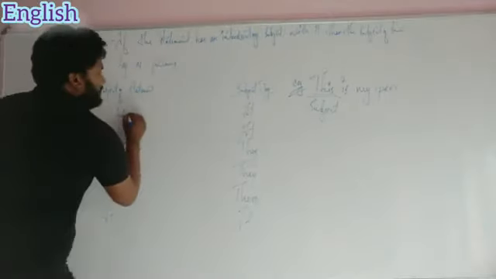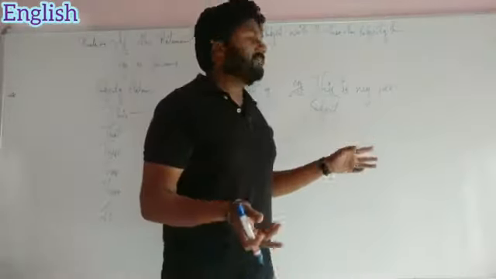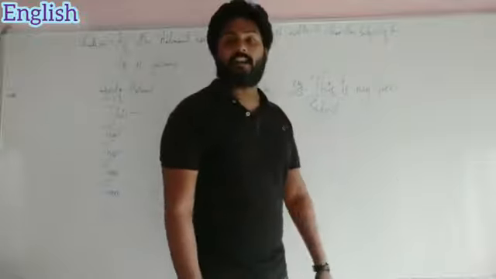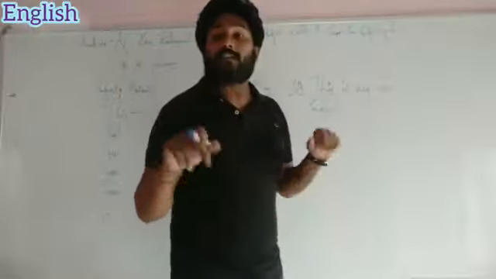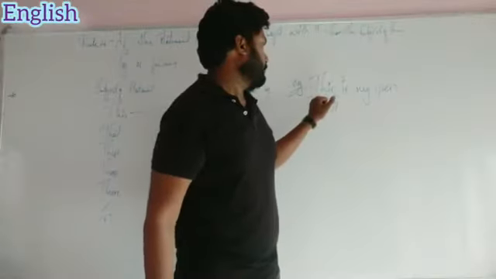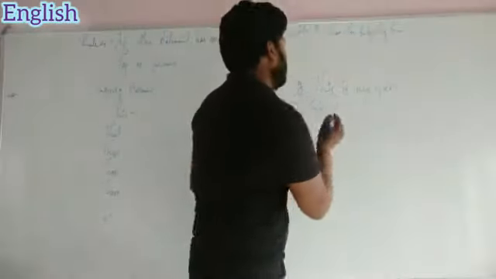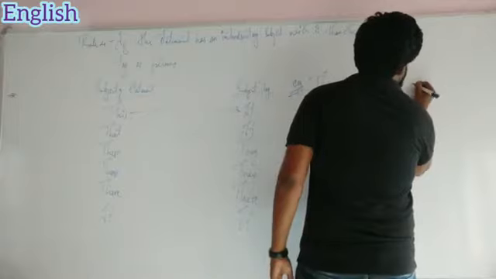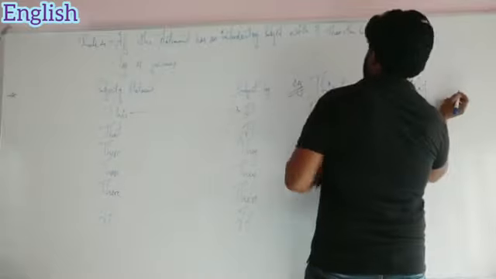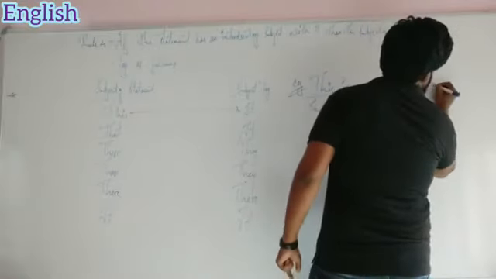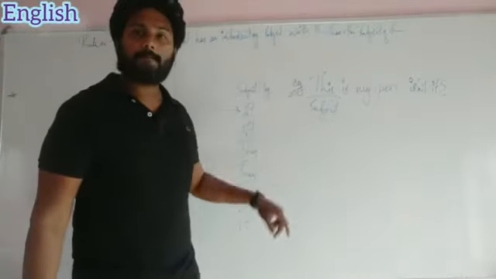See, this changes into it. As you people learned previously, if the statement is positive, your tag should be negative. As we see, this statement is positive, so the tag should be negative. What should it be? Is plus not, isn't. This changes into it: isn't it?